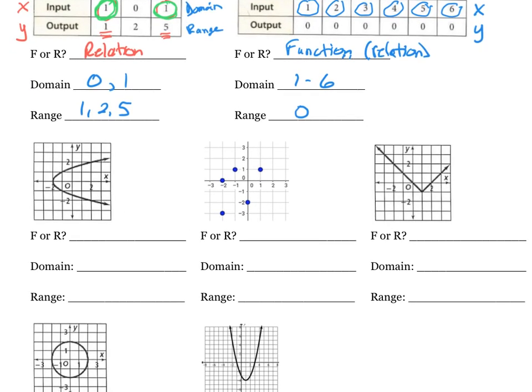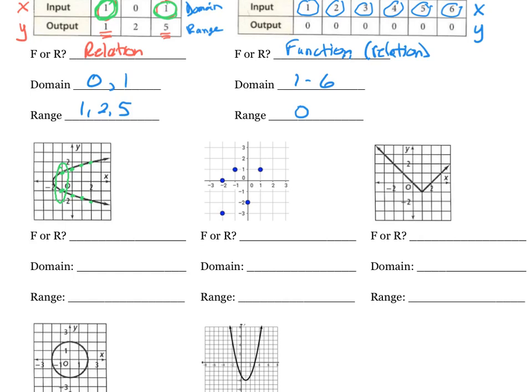Now, another way to show relations and functions are graphs. So you'll notice on the first example on the left, I have a graph. It's a curve. You'll notice that there are points on the curve, right? And if you look carefully, there are points that have the same x, like these two right here.